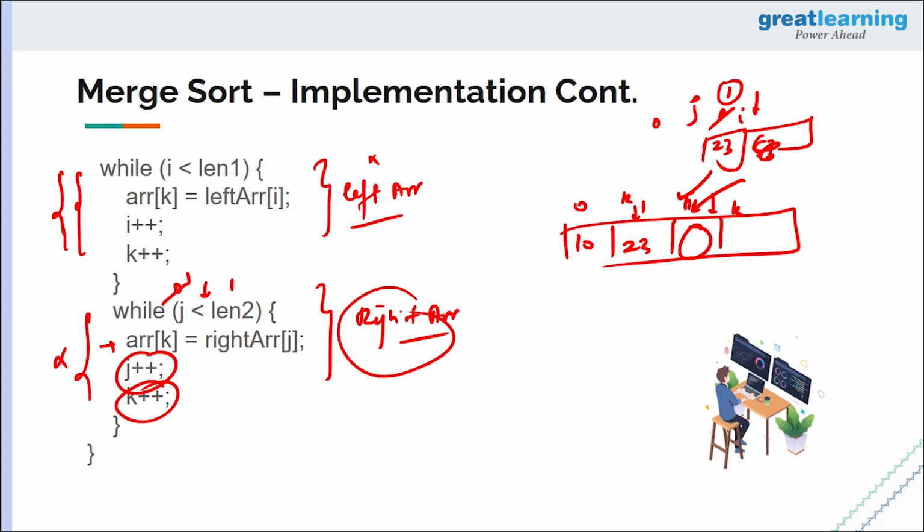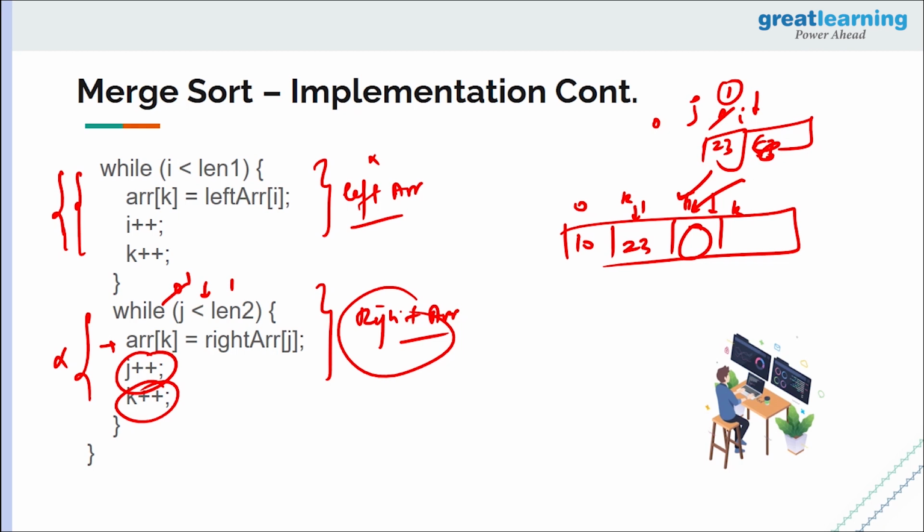So this is how you insert the rest of the elements that are left behind. And this will happen in each and every case wherein your left array or your right array have elements which are not compared, that will be directly inserted in your original array. Okay, now let's try to implement this.